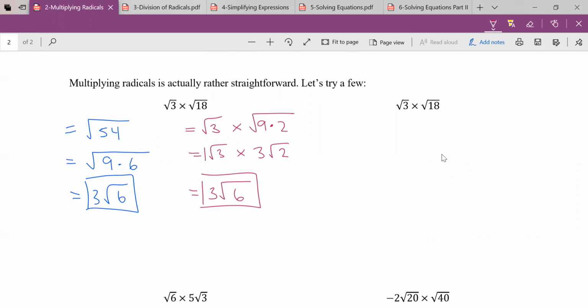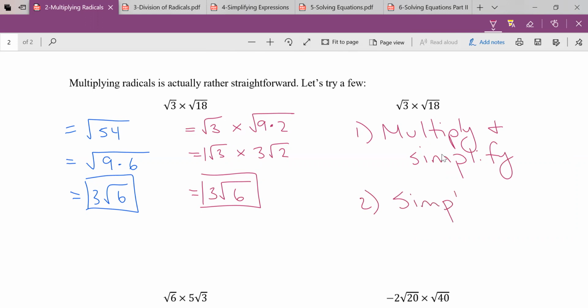So what I've got here is the same question twice because I wanted to show you there's 2 different ways to do it. So one method is you multiply and then simplify. And the second method is you could always try to simplify first and then multiply.